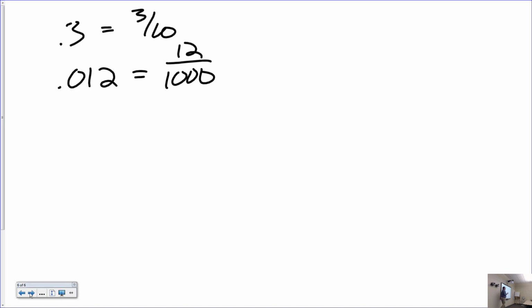And what are you guys going to do with the 12 thousandths? Reduce. How do you reduce fractions? Divide by like numbers. So what do you divide both of these by? Start with the easiest number if possible. 2. Since they're both even, folks, start with 2. That's always the way you do it first.